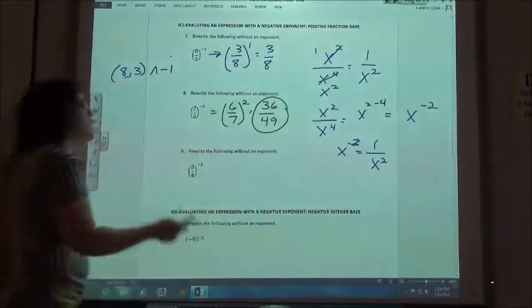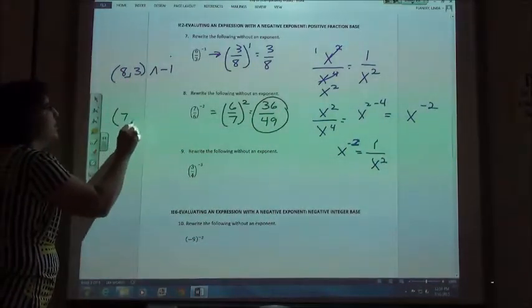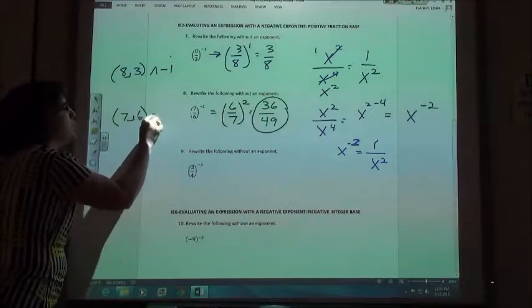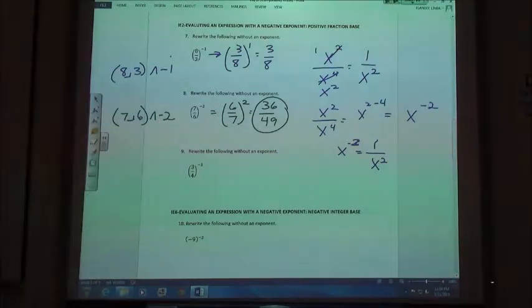Again, to check that with our calculator, we would do 7/6 to the -2 power. Go ahead and punch that in, with parentheses. We found we needed the parentheses on our calculator. 36/49. Okay, that's what we got.